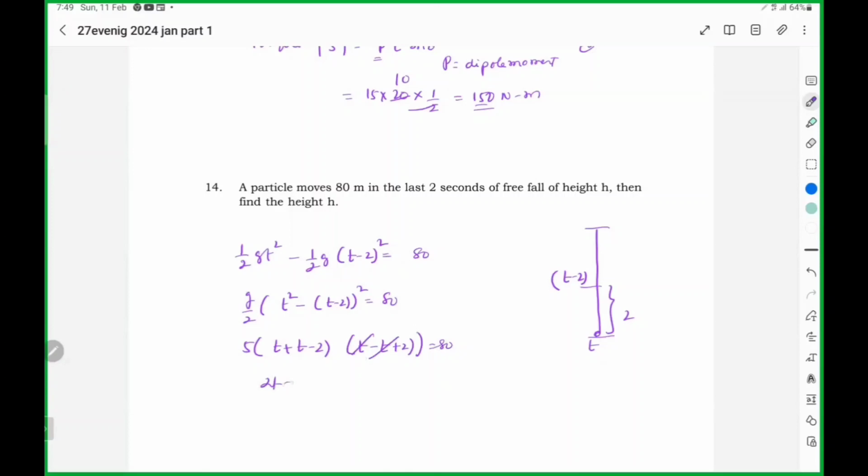So 2t minus 2 here is 80 by 5, so 2t here is 16 plus 2. So t here is 9 seconds.